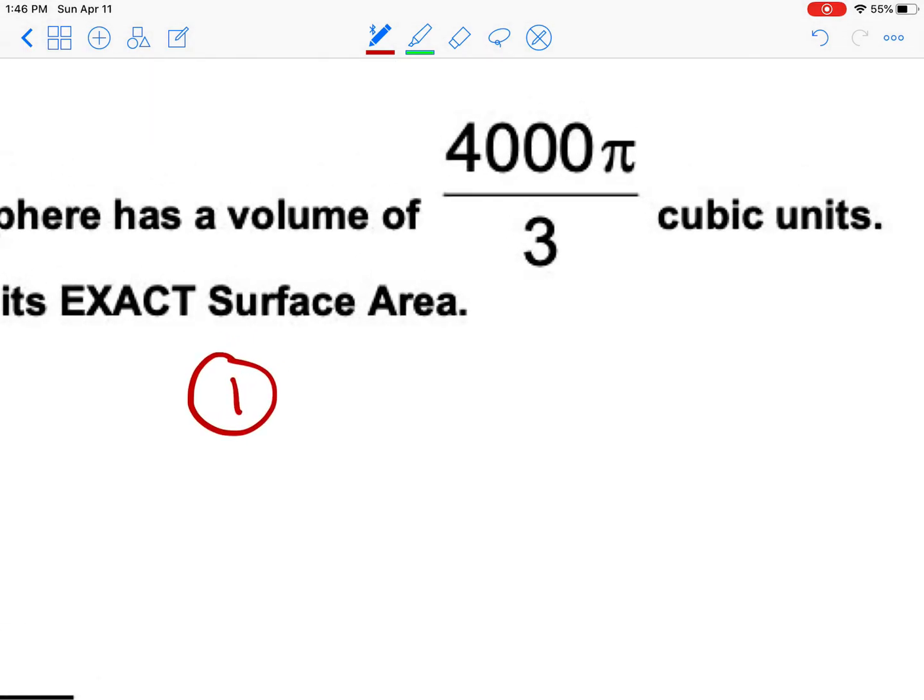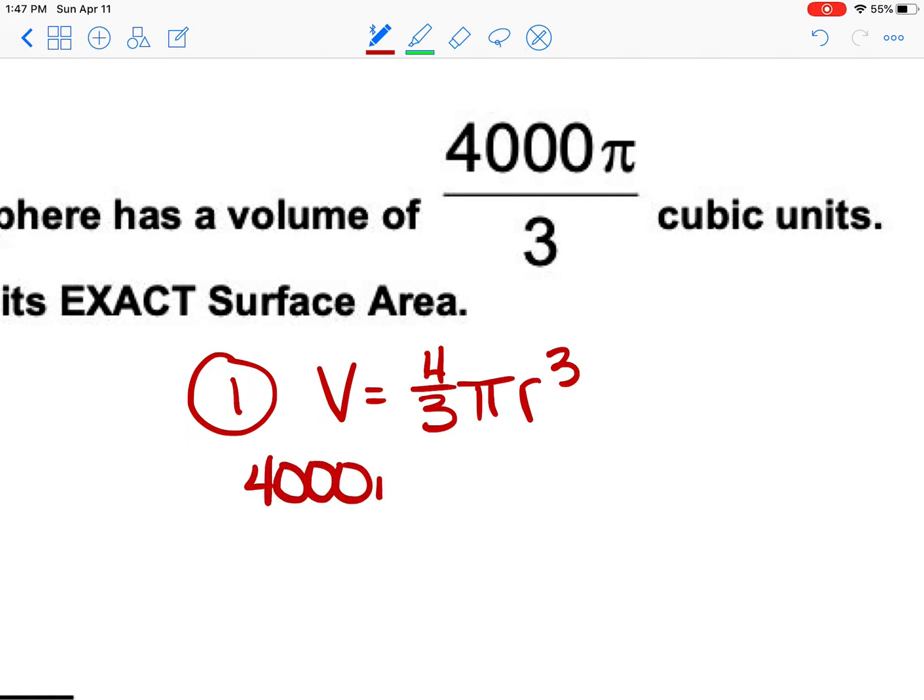let's look at our volume formula. So volume equals 4/3 times pi times radius cubed. Well, I know the volume, so we're going to replace that with 4,000 pi over 3. And let's write our formula again.